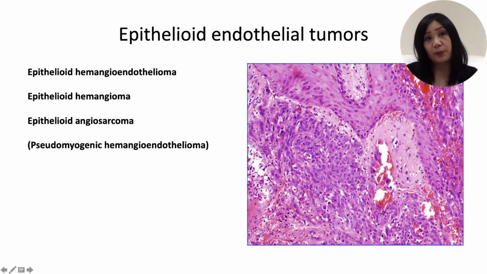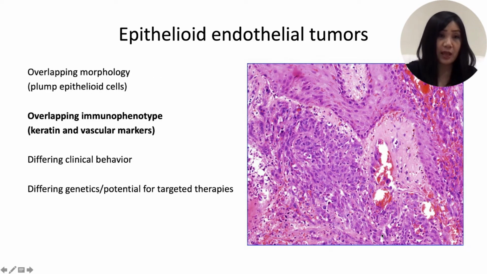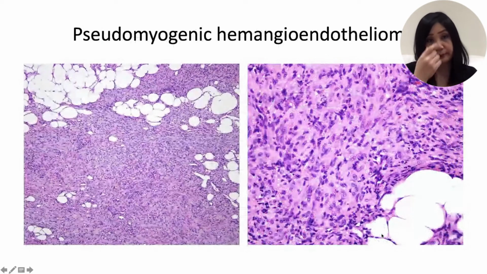And the problem with the epithelioid endothelial tumours is that frequently they show strong keratin expression and they can resemble carcinomas, particularly with solid morphology. There is much overlapping morphology between these tumours and also overlapping immunophenotype of keratin and vascular markers, but there is differing clinical behaviour. So we need to make sure we are accurately diagnosing them, and there is also differing genetics and hence potential for targeted therapies.